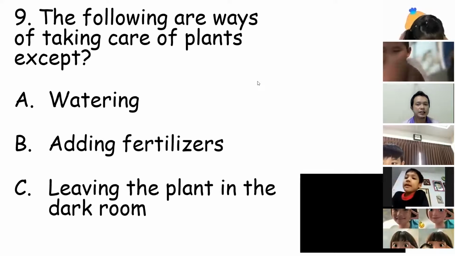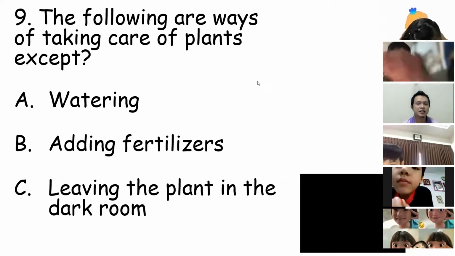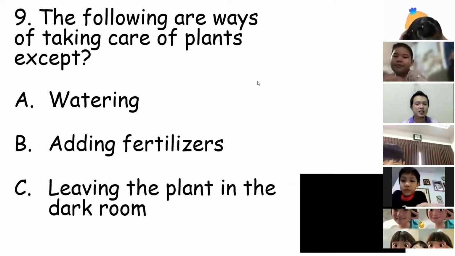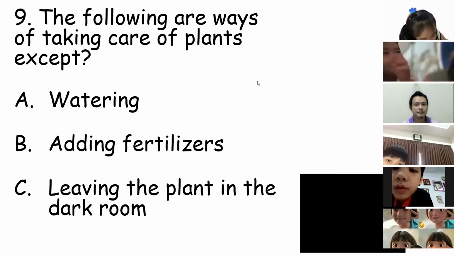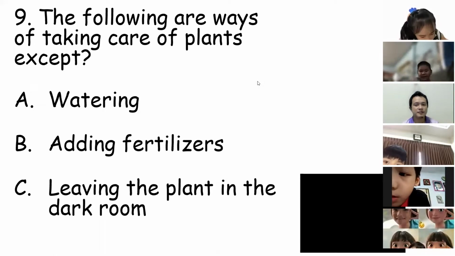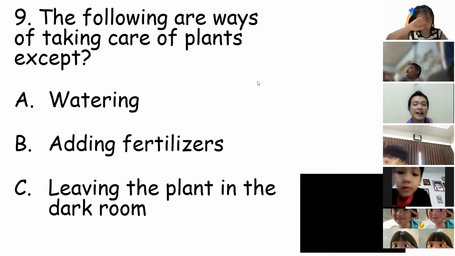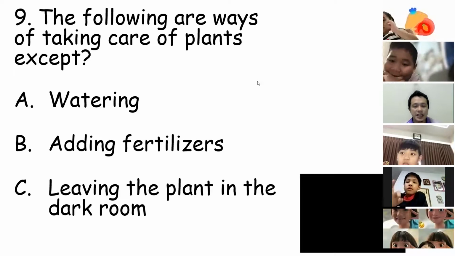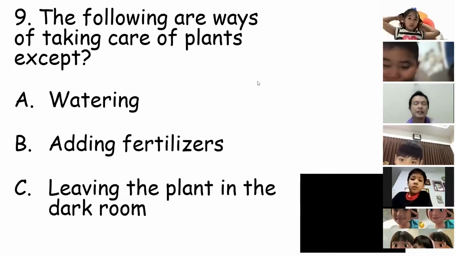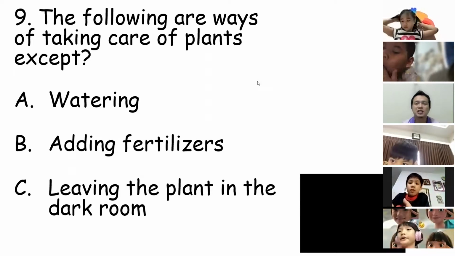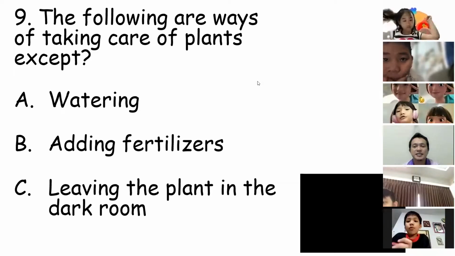Example. A, B, C, or D. Okay, I will read. A, watering. B, adding fertilizers. Letter C, leaving the plant in the dark room. What is the answer? Dark room.